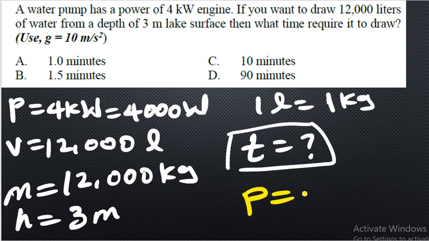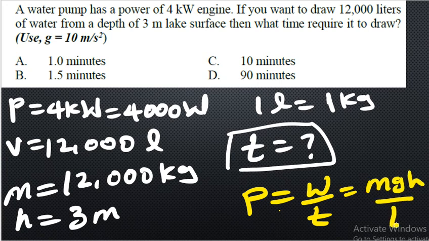Power is equal to work over time. But this time the work, due to the height, is going to be mgh over t. We have everything here. Let's go to the next page and solve it.